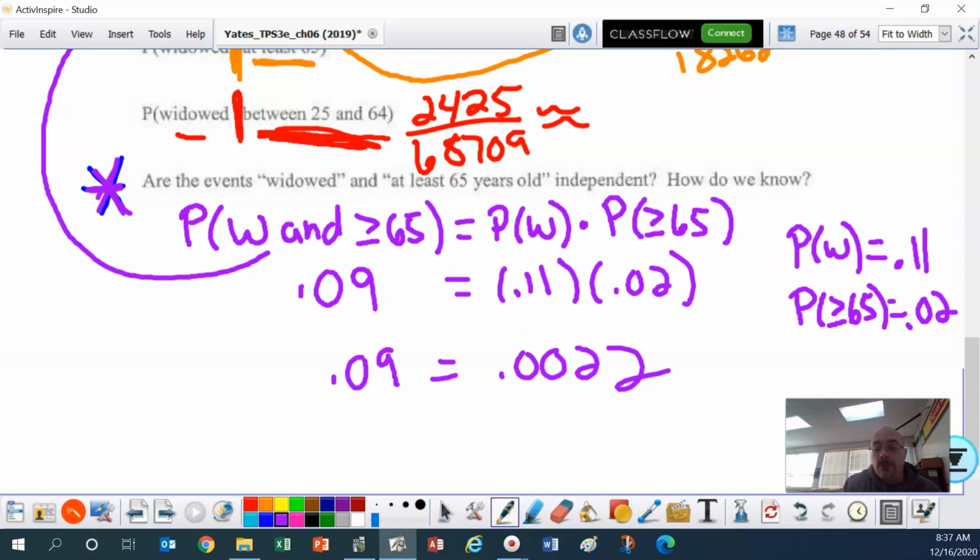They do not equal each other, folks. What does that mean?